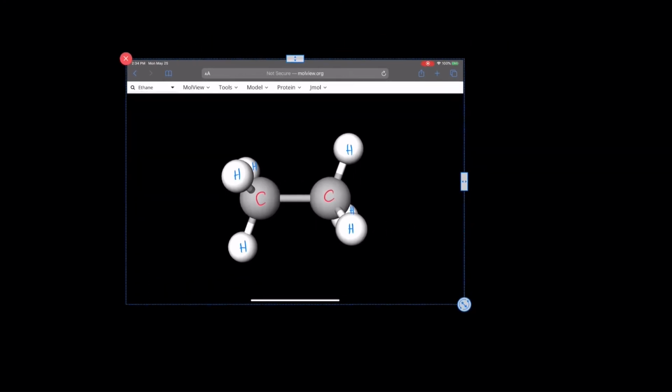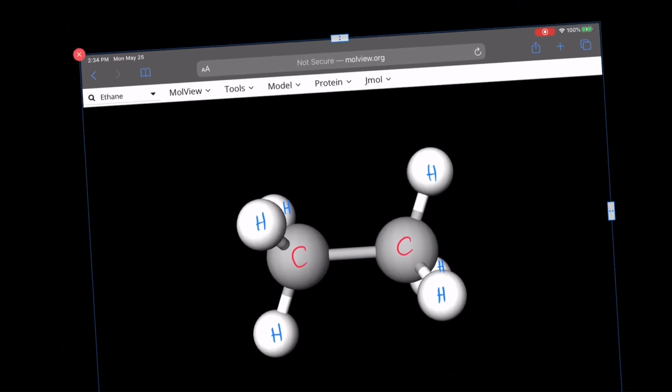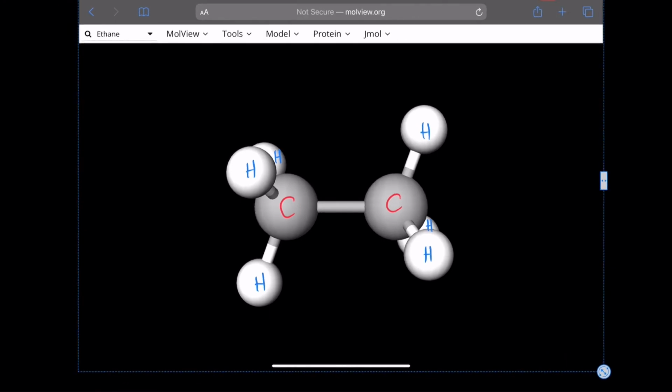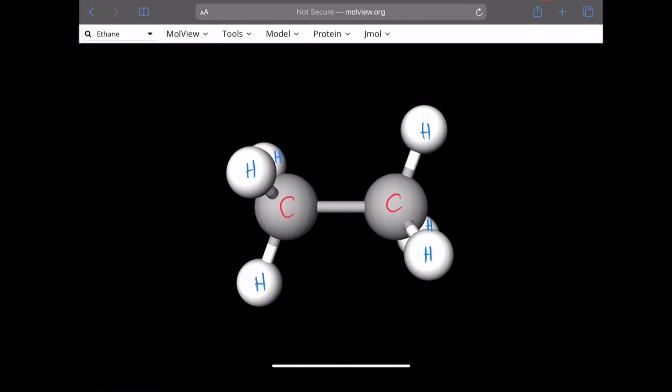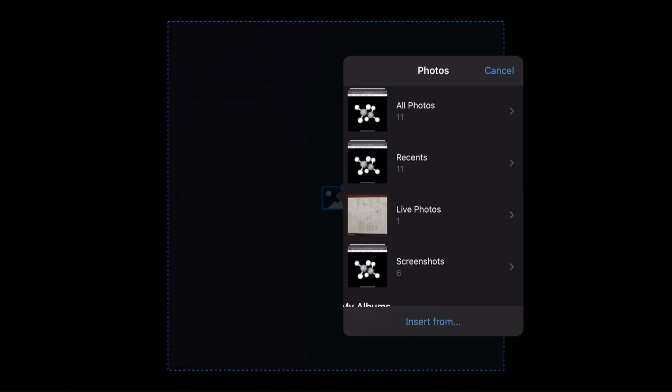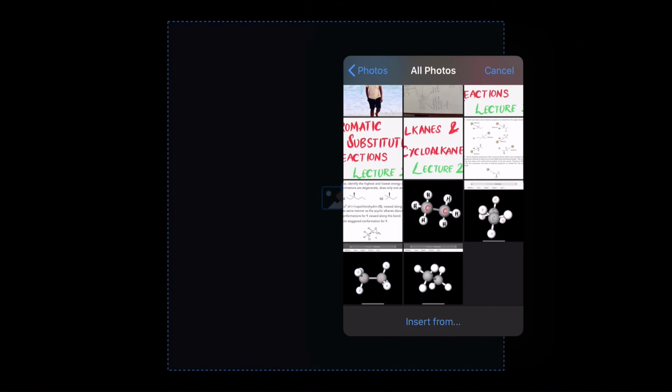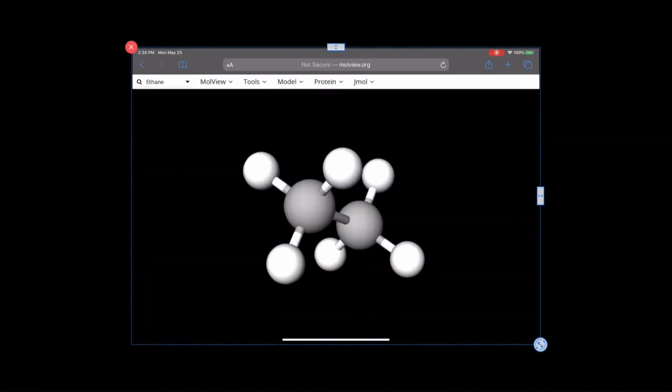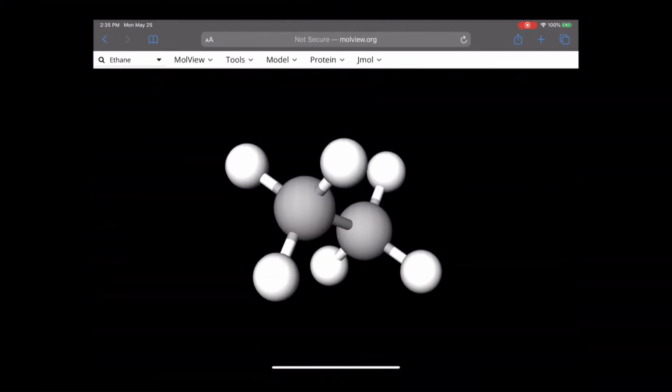So notice that you have the 2 carbons and the 6 hydrogens. The same molecule in a three-dimensional structure would look somewhat like this.